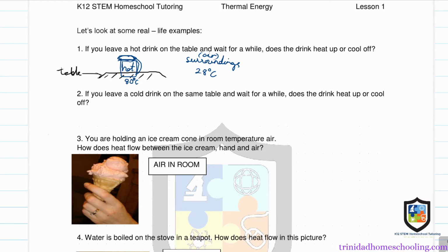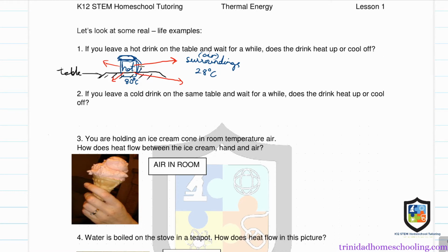What do you think will happen? In what direction would the heat flow? Well, we know that it would move from the hotter object to the area of lower temperature. So it will move out into the air in the surroundings, or if the table is colder, it will move to the table. So heat is transferred out of the cup or the mug.